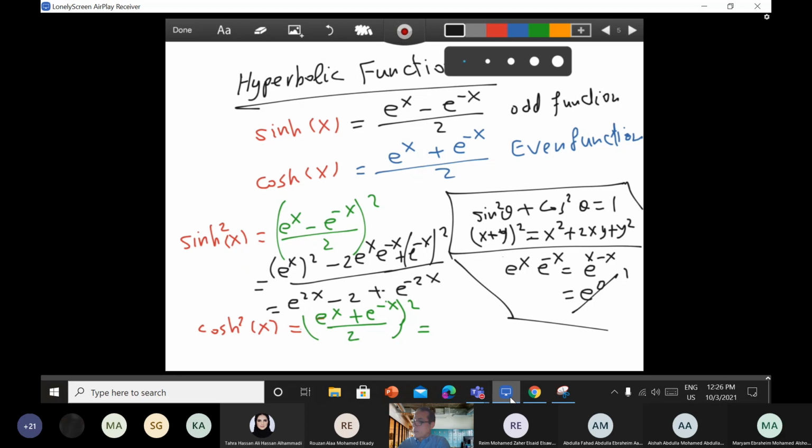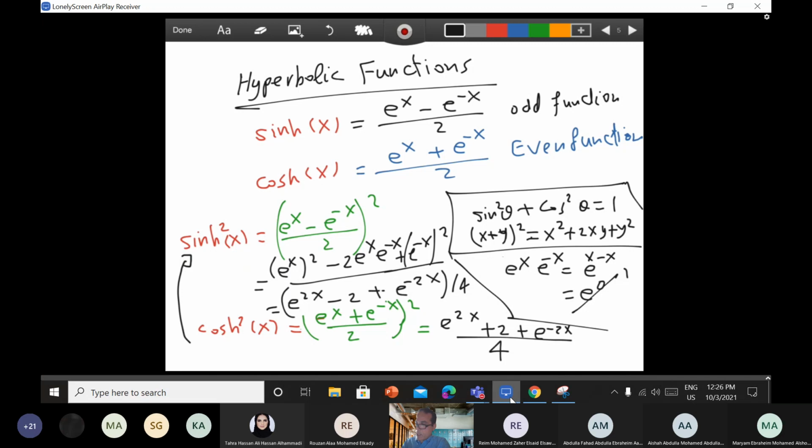Yes. So you are expecting this one to be what? Yes, e to the 2x plus 2 plus e to the minus 2x over 4. If you subtract these together, cosine square minus sine square, you will have what?